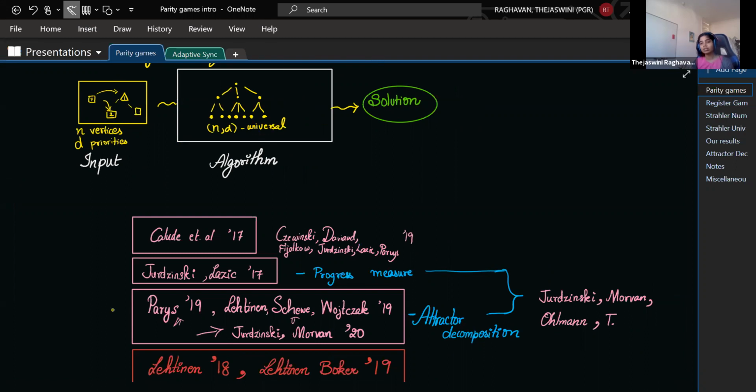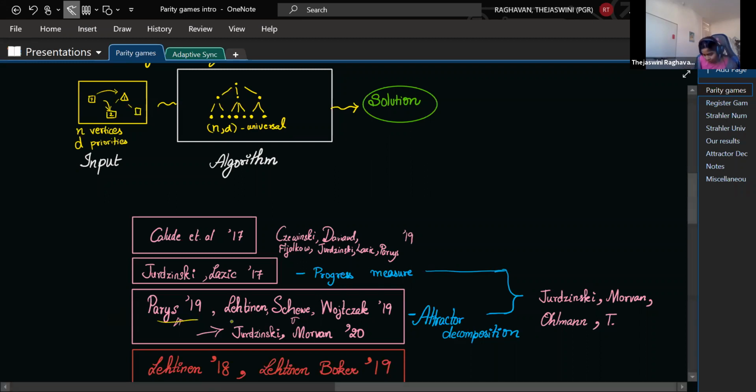It seemed that this immediately did not have a universal tree hidden there. There was also an improvement of Paris by Lehtinen, Schewe, and Wojtczak, which also used some recursive attractor type algorithms.